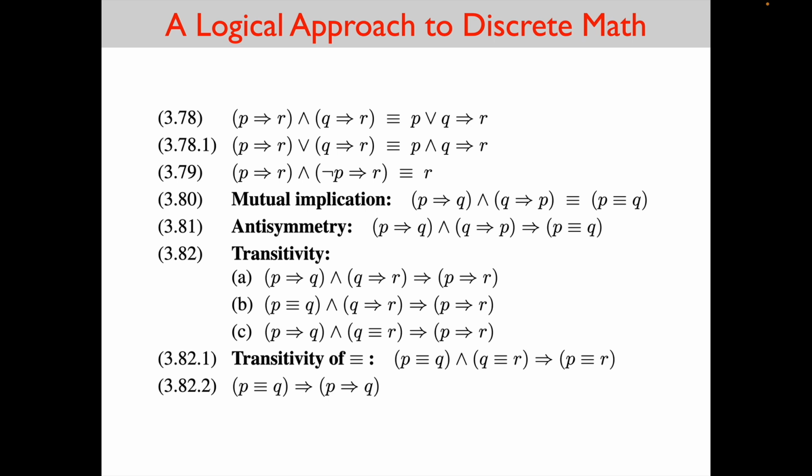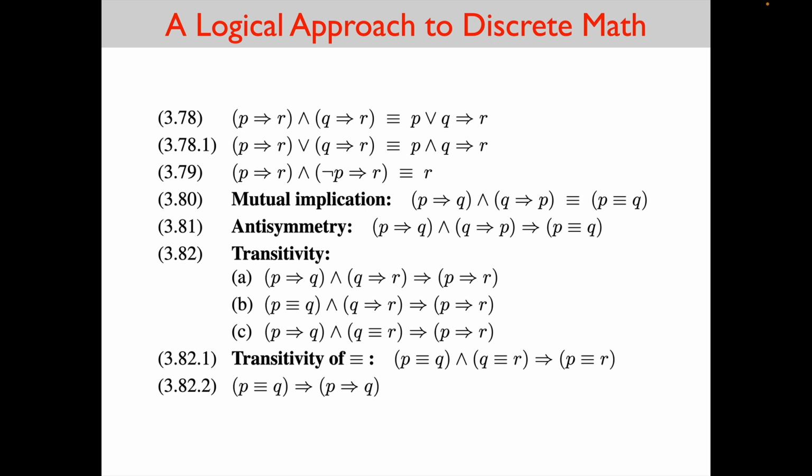And also a characteristic of equivals that is not mentioned in our textbook is that P equivals Q and Q equivals R implies that P equivals R. So equivals is transitive.